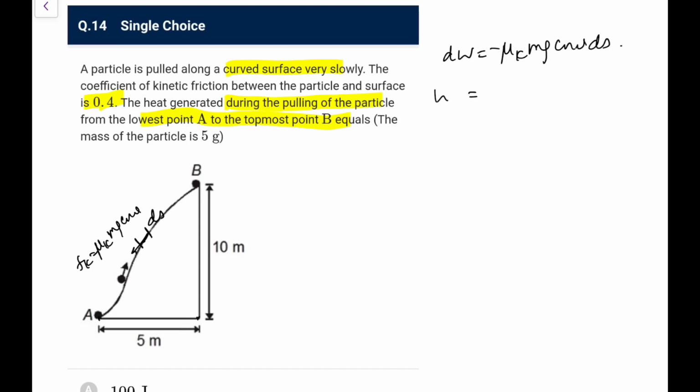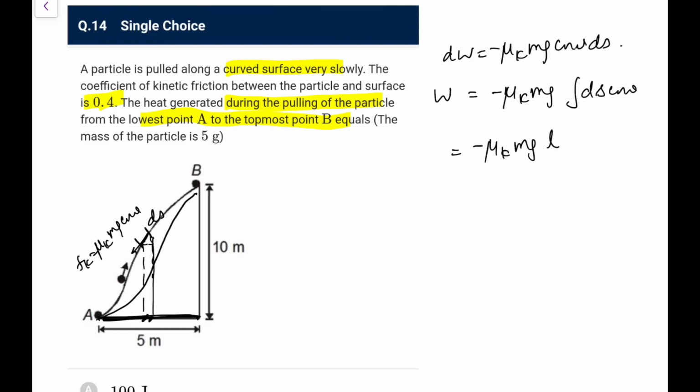So for the complete work on friction, we can write it as minus mu k mg and integrating ds cos theta. So this ds cos theta will be the projection of this ds over this line. So if I integrate this ds cos theta over this complete path, this will be equal to this length. So irrespective of the shape, whether it is like this or it is like this, the work will be the same if we take it very slowly, and it would be equal to minus mu k m g L.